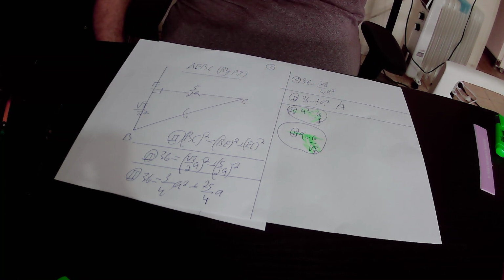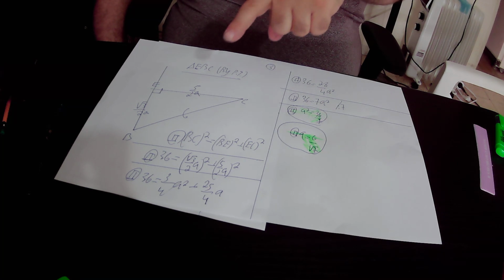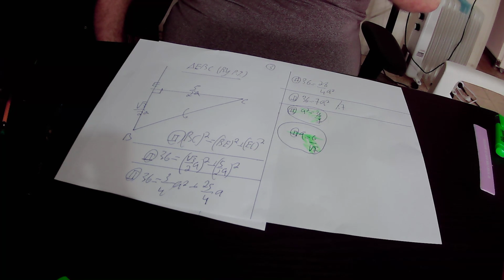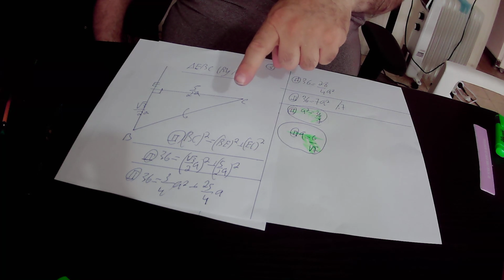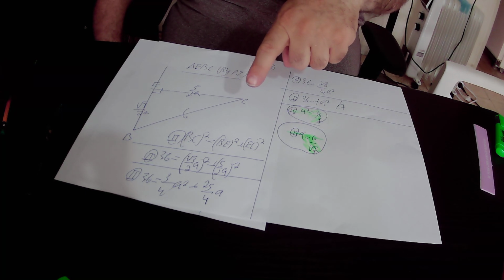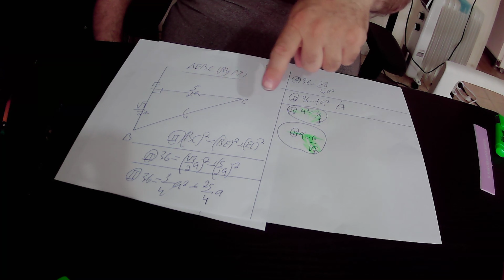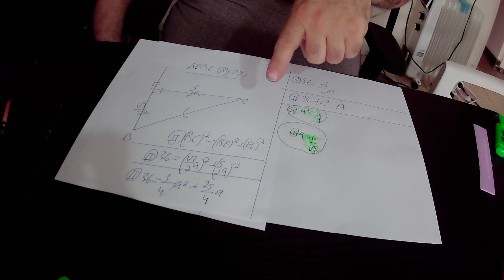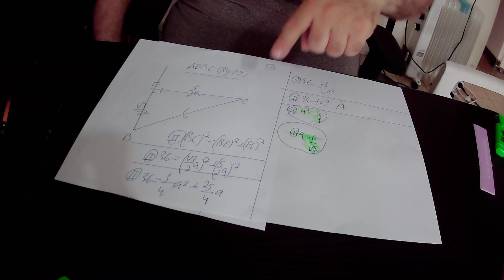BC equals 6, so BC square is 6 squared, that is 36. That is equal to the square root of 3 over 2 times A, squared, plus EC square. EC equals 5 halves A, so EC square will be 5 halves A squared.